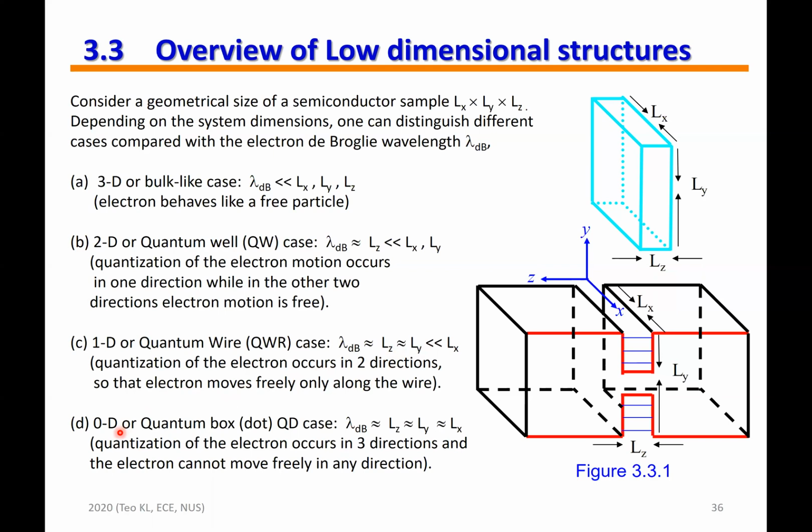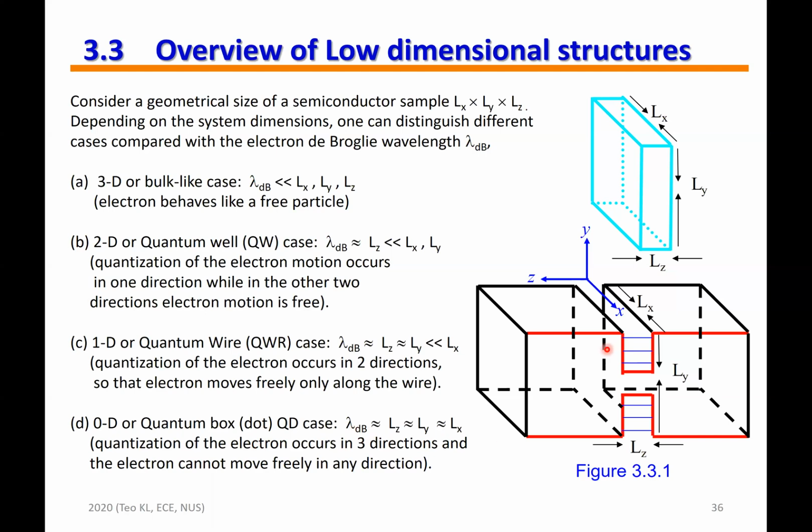For the zero-dimensional case, which we call the quantum box, or sometimes quantum dot, the three directions all have the dimension of the de Broglie wavelength. So the electron is quantized, or restricted, in all three directions, and cannot move freely in any direction.